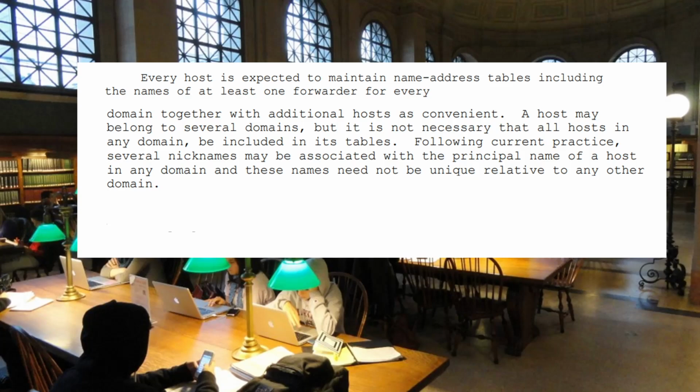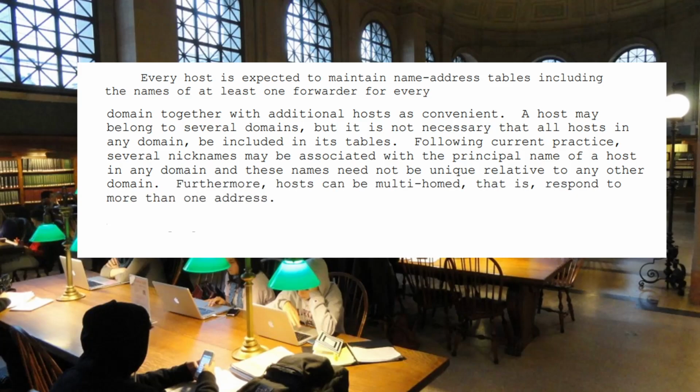Okay, so the principal name, the main name, presumably does have to be completely unique, even across all domains, but nicknames don't have that requirement. They might be conflicting with names in other domains.